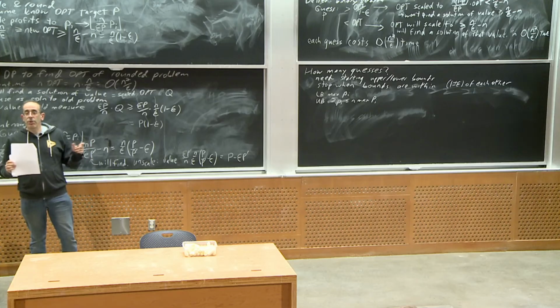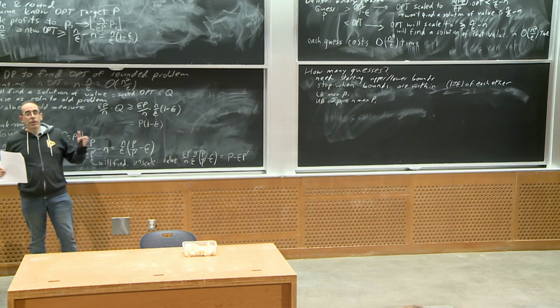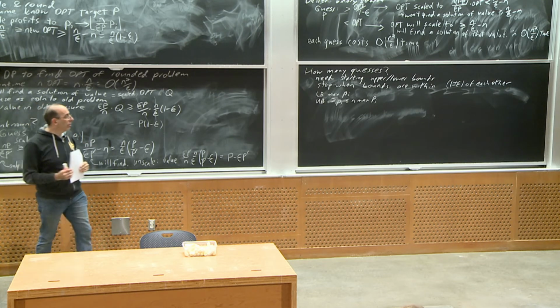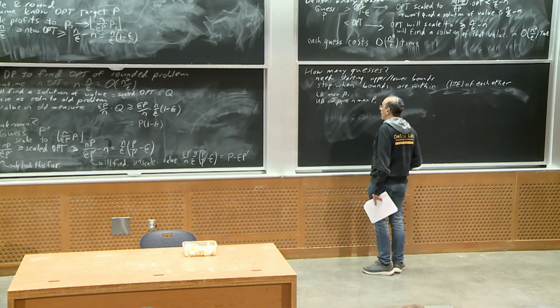We want the ratio between the upper and lower bound to be small, so we're going to work in terms of ratios. I'm going to look at the geometric mean between those two quantities.